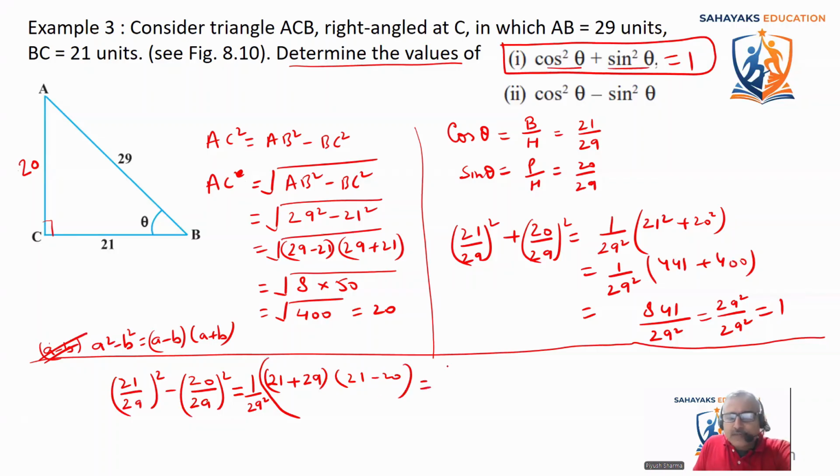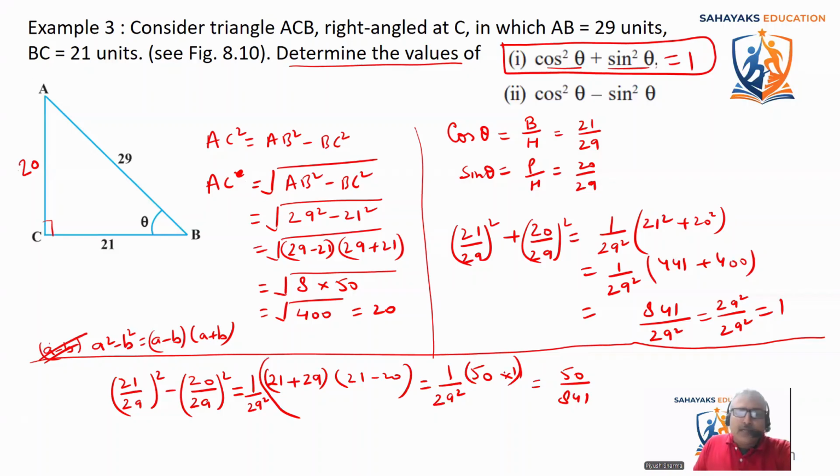So it becomes 1 by 29 square into 21 plus 20 is 41... into 1. So the value comes out to be 841 divided by 29 square, which is 41 by 841.